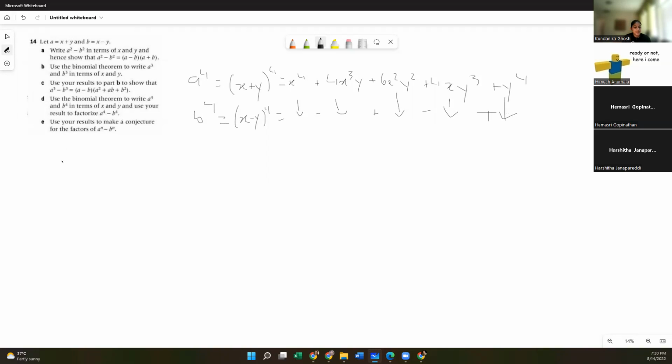Sorry, I'm going to try something out because this isn't how I did the homework, but now that I'm thinking about it, you could technically write it like this. a to the power of 4 can be rewritten as a squared, whole thing squared, minus b squared, whole thing squared, right?